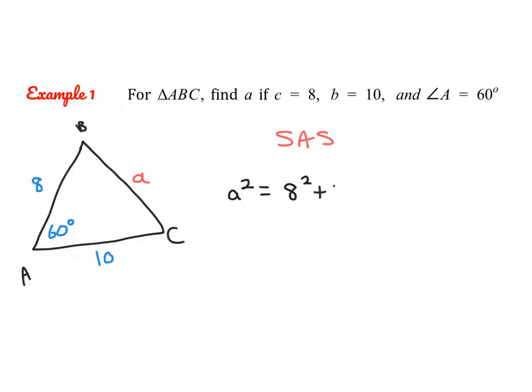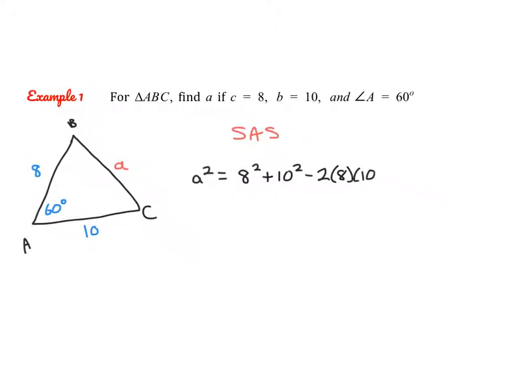So 8 squared plus 10 squared, and then you do 2 times the other two sides, 8 times 10, and then you are going to multiply that by the cosine of whichever angle matches the side you're trying to find. So the cosine of 60 degrees.